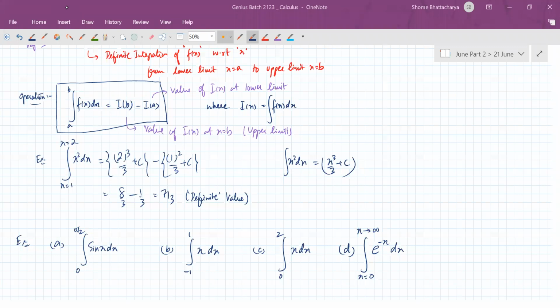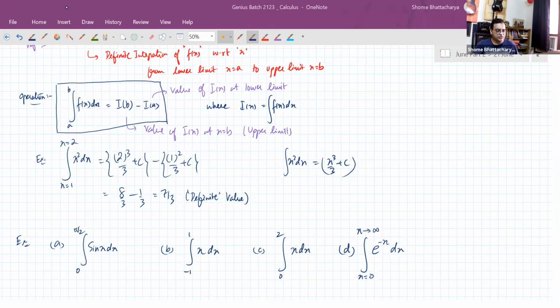The next one is not definite. Anirudh, check your second one's answer once.